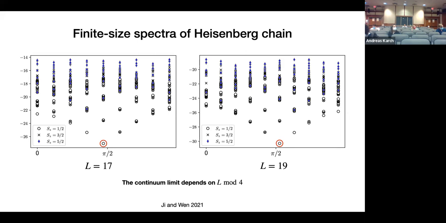There's obvious L mod 2 dependence, because if L is an even number, you have an even number of spin 1/2, so you can find a singlet. If L is odd, then it's always at least 2-fold degenerate, but the actual periodicity is 4, not 2. So this is something that I'd like to understand from the point of view of continuum field theory.